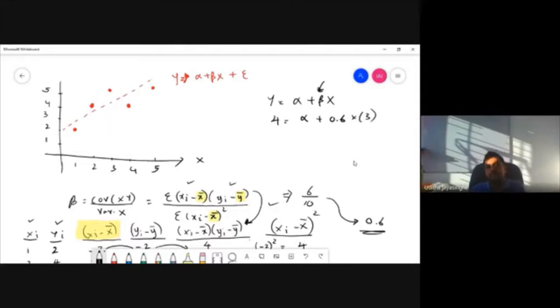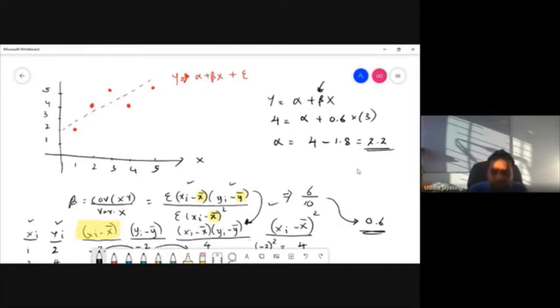Now for that particular data point, I can calculate alpha as 4 minus 1.8. This is going to be 2.2. Alpha is going to be 2.2. Now are we happy? Of course we are happy.